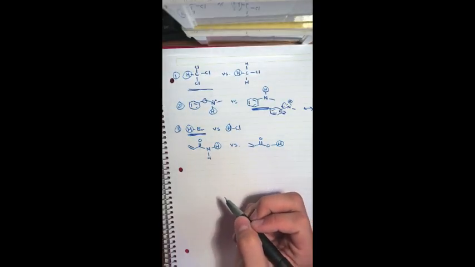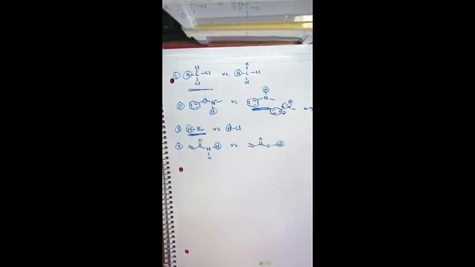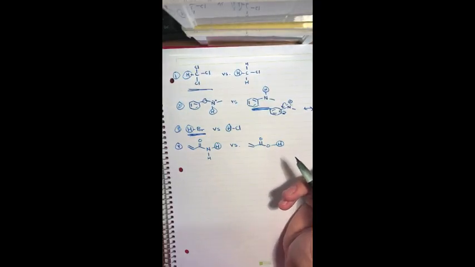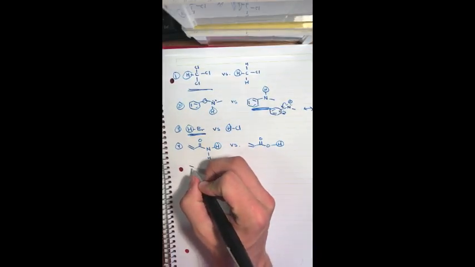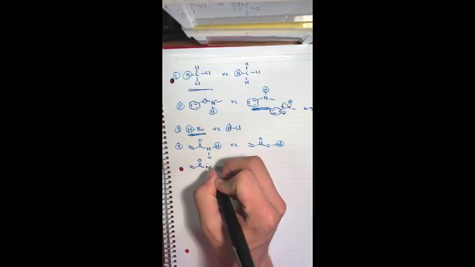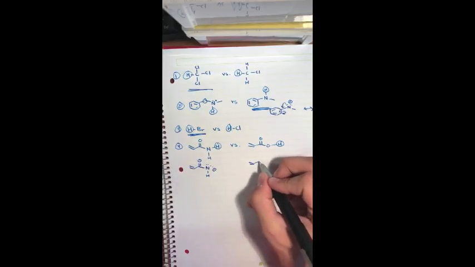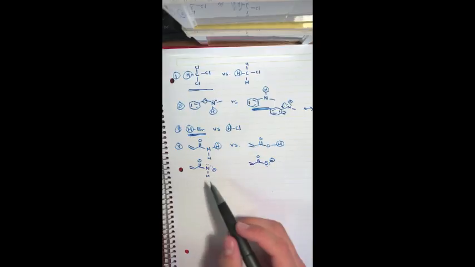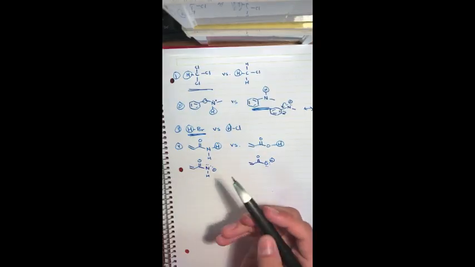Now the fourth example, we're looking at an amide and a carboxylic acid. So we need to look at the conjugate base of both of these. So I'm going to go ahead and draw those out after removing one of the protons for both of these. And we see that we result with a negative charge on a molecule adjacent to the carbonyl.